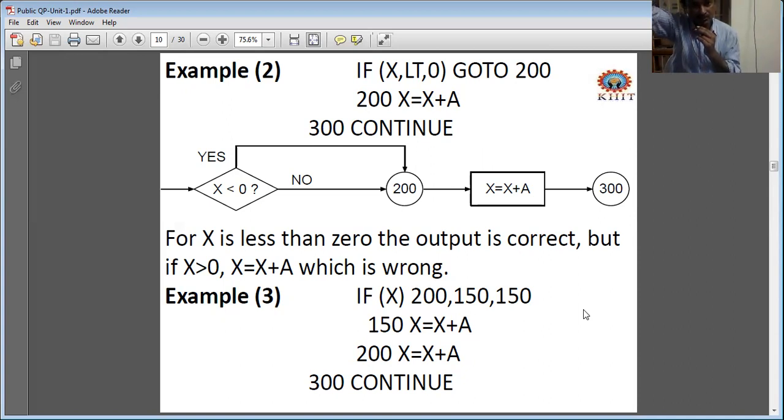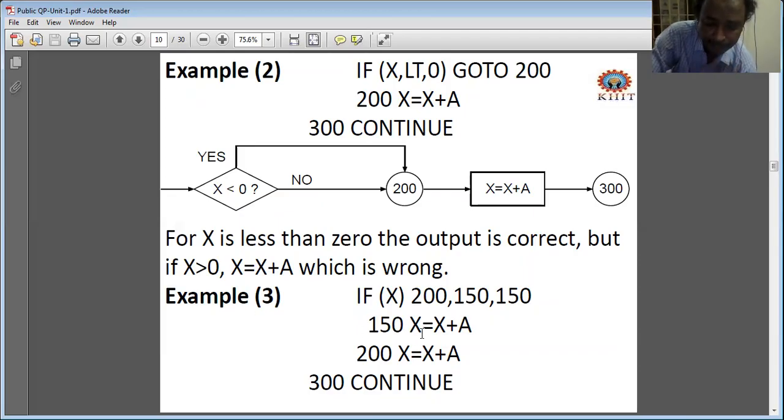Yes case it goes to 200. Then from 200 come out. Suppose if x is false case, it also goes to 200. So true case goes to 200, false case also goes to 200. But you have to consider only one, that is the true case, which goes to 200. So you cannot consider the false condition, that is x greater than 0.